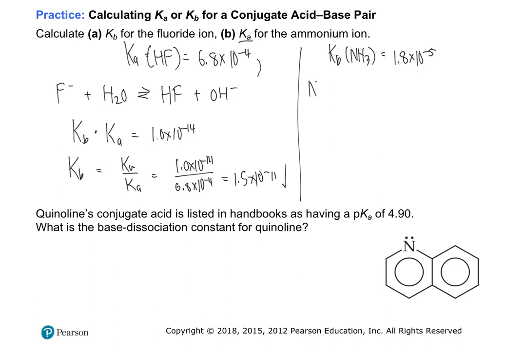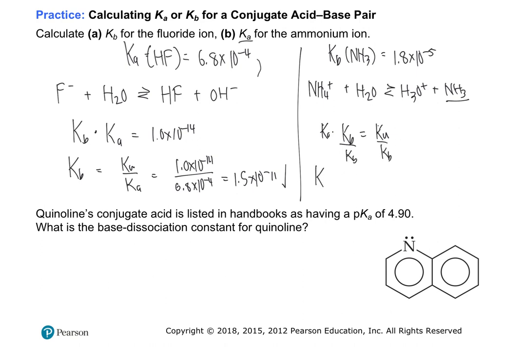Ammonium is NH4 plus. When that's in water, it's going to produce hydronium and ammonia. Okay, so ammonia's Kb is 1.8 times 10 to the negative 5. So I could do Ka times Kb equals Kw. I'm going to solve for Ka, so I'm going to divide both sides by Kb.